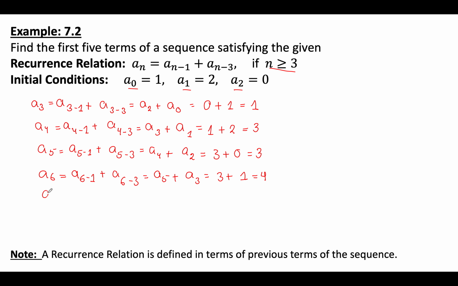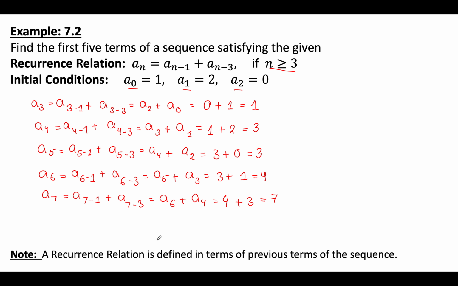Final term is A7, which is A(7-1) plus A(7-3). 7 minus 1 is 6 and 7 minus 3 is 4. The value of A6 is 4 plus the value of A4 is 3, and 4 plus 3 is equal to 7.